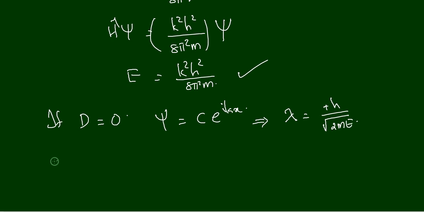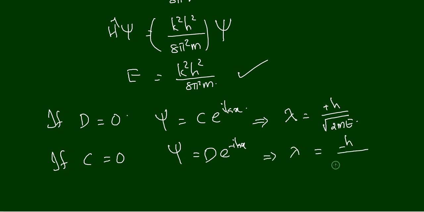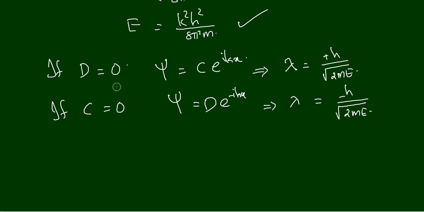Okay, and if c is equal to 0, then psi is equal to d e raised to minus ikx, and that corresponds to a wavelength which is equal to minus h divided by root of 2mE. It means that these are two extreme conditions. If d is equal to 0, if this is the state of the system, then the particle is a wave in the positive x direction.